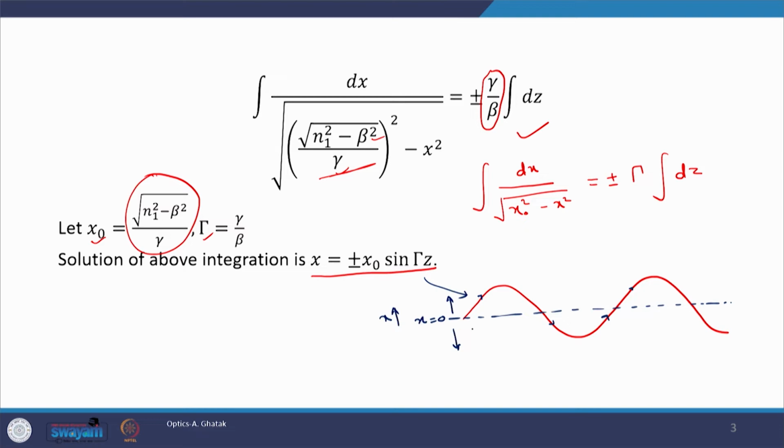Now, if the refractive index is decreasing as we move up or down, we can divide the medium into small strips, and each upper strip has a lower refractive index compared to the immediately lower strip.